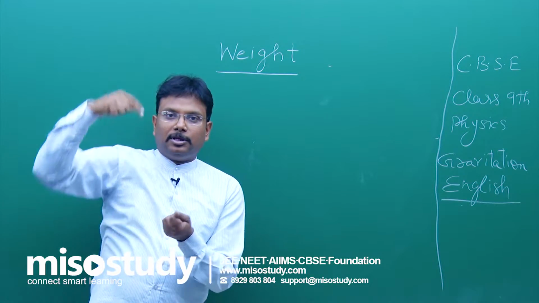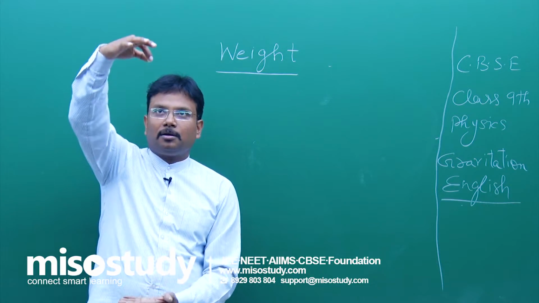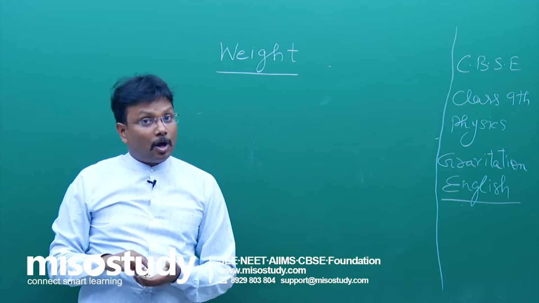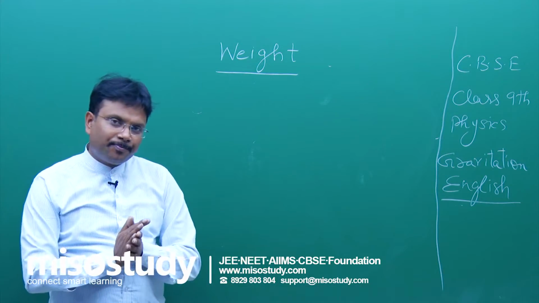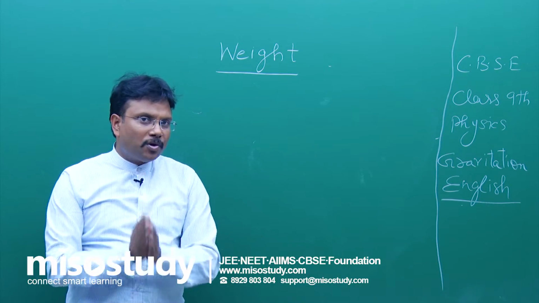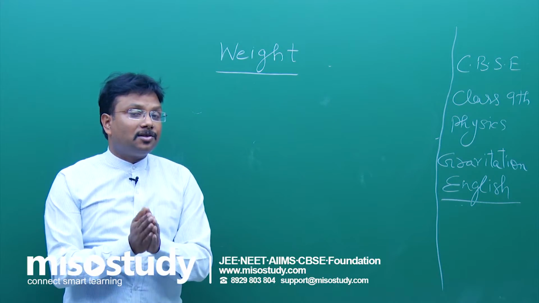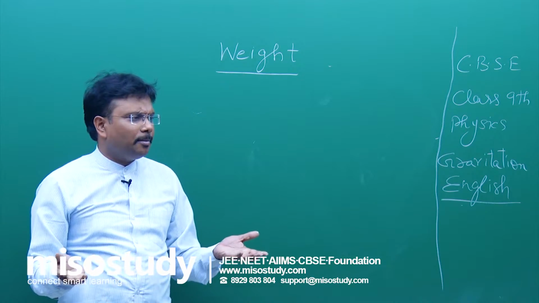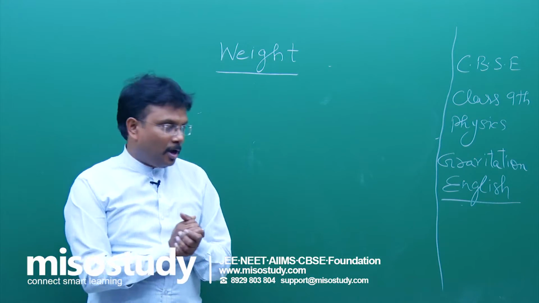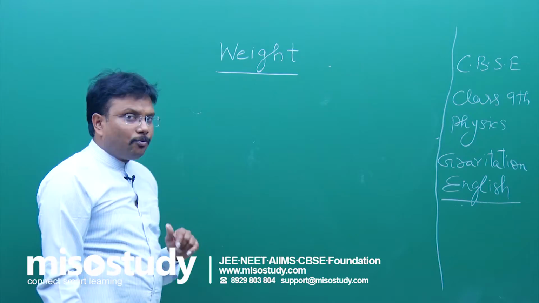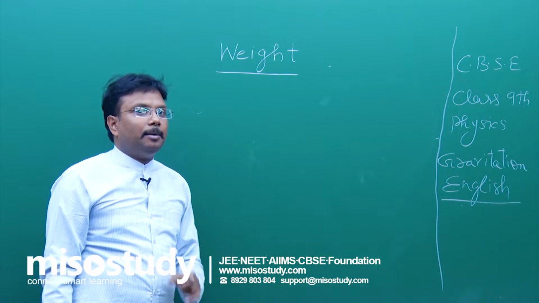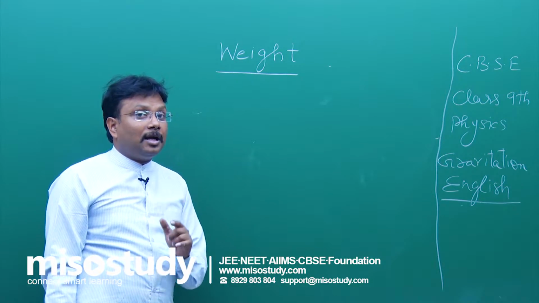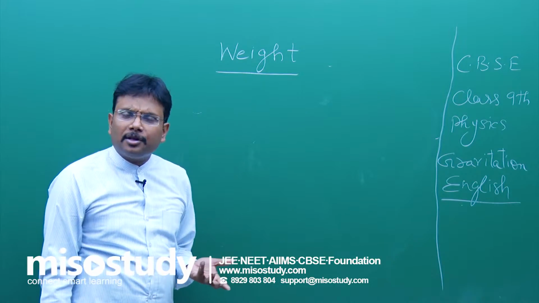So, it will come downwards. Downwards always. It means what? It means some force is acting on this small piece of chalk, which has some mass like 5 grams or so. Okay, so weight is what? When you multiply the mass with acceleration due to gravity. Why are we multiplying by acceleration due to gravity?